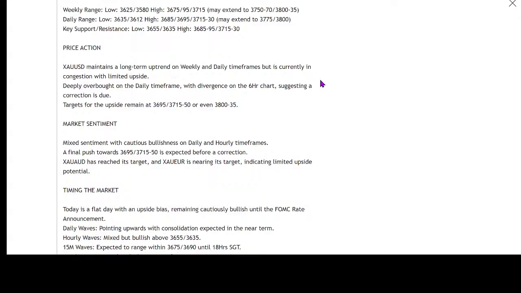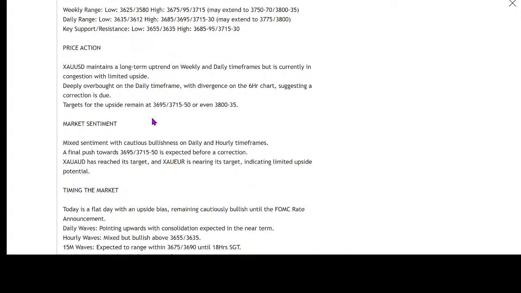So now when we look into the price action, this gold US maintains a long-term uptrend on weekly and daily time frames, but is currently in a congestion with limited upside. This is deeply overbought on the daily time frame, with the divergence on the 6-hour chart suggesting a correction is due.